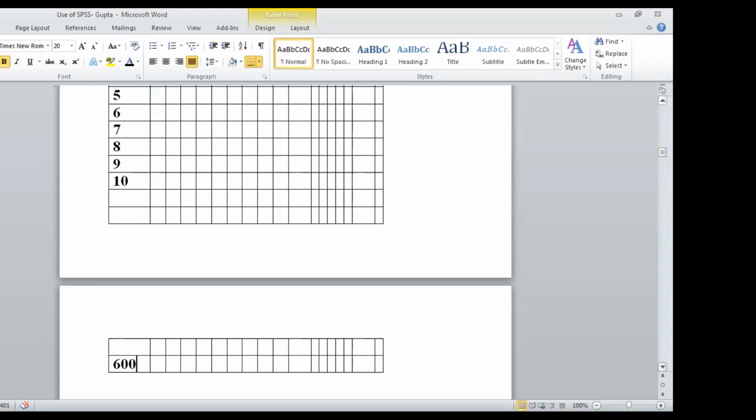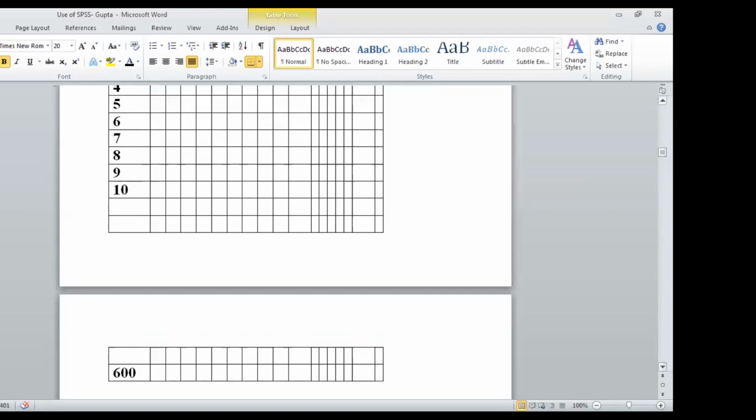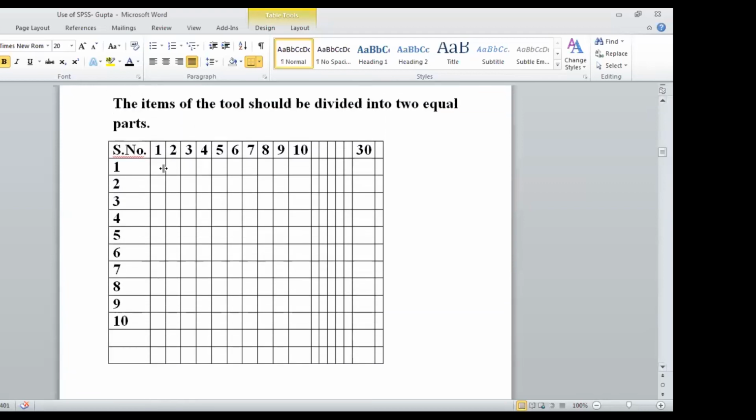But in the split half, you cannot use it if you do not have two parallel form type of items. So what you can do is put the score of the people here, and you can find out the total score of the person.